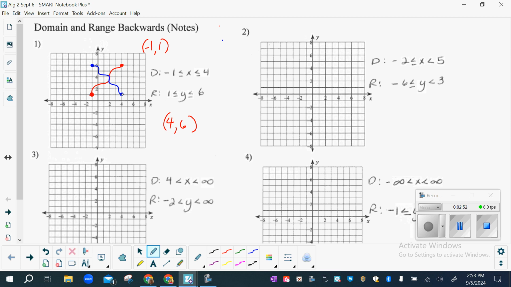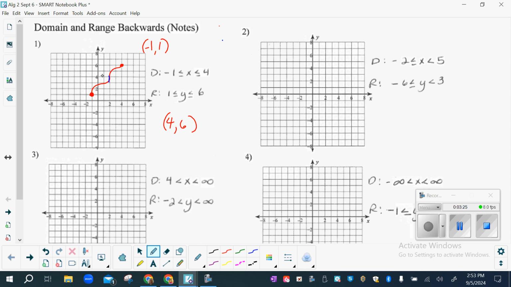Does that have a domain that goes from negative 1 to 4? Yeah, it does. So negative 1 to 4, and then the range goes from 1 to 6. So either one of those. I started with these two, or I could start with those two if I want. That's what I did with the blue. You don't have to draw both of those. I just wanted to show you you don't have to use just the first two.